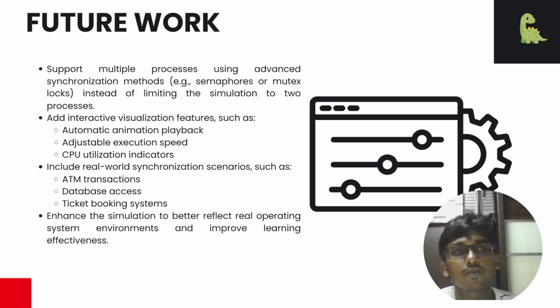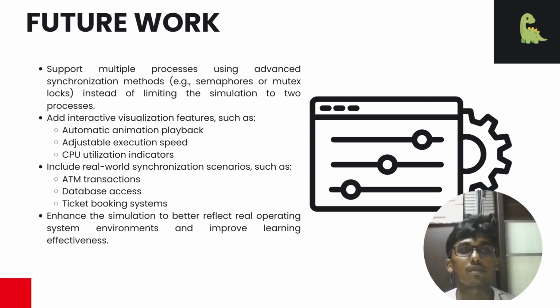For future work, we would suggest that the system supports multiple processes using advanced synchronization methods such as semaphores or mutex locks instead of limiting the simulation to only two processes at a time. We would also suggest adding interactive visualization features such as automatic animation playback, adjustable execution speed, or some CPU utilization indicators to our system.